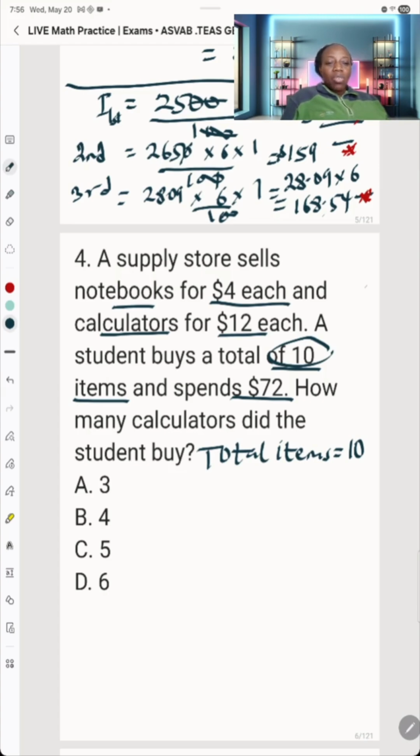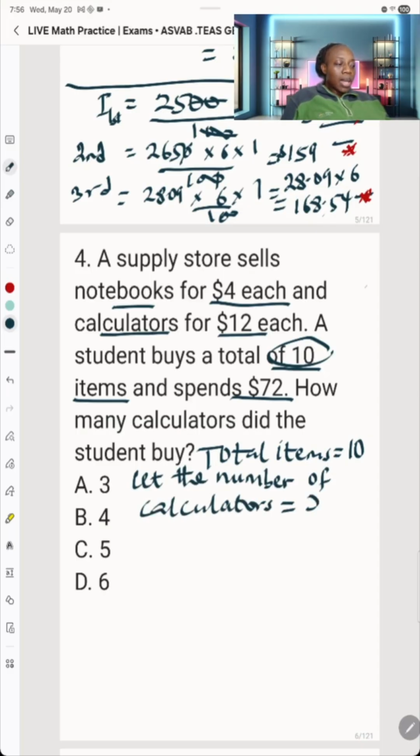Let the number of calculators be x. Then what will be the number of notebooks? I want us to say it from the total 10.